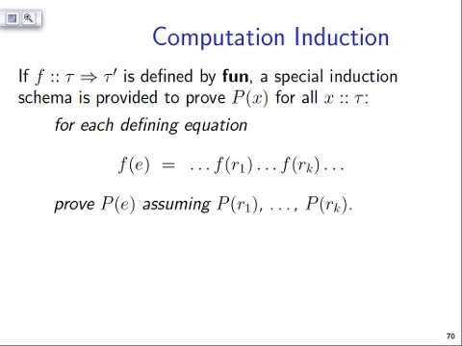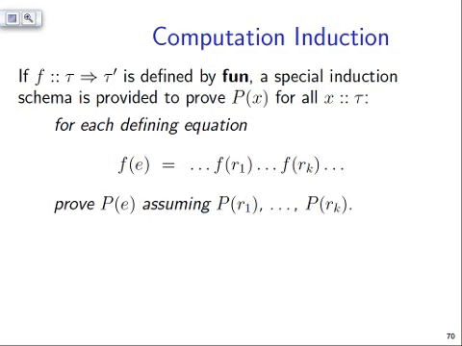So this is the principle that is manifest in computation induction. And that's something you should understand. Of course, you can just blindly apply it, but then you may not understand what you're getting.